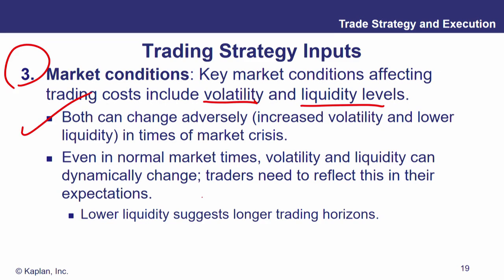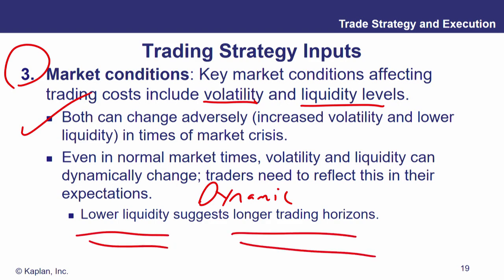And so they are very dynamic. They are not static. And traders need to reflect this in their expectations. So if I see lower liquidity, that means I've got a longer trade horizon. So I'm going to have to wait a while before I can trade that security. Am I okay with that? So we've got to keep an eye on liquidity and volatility.